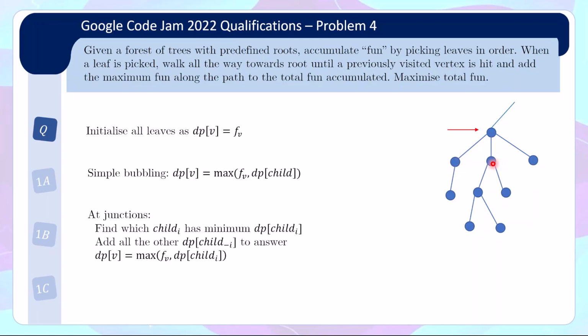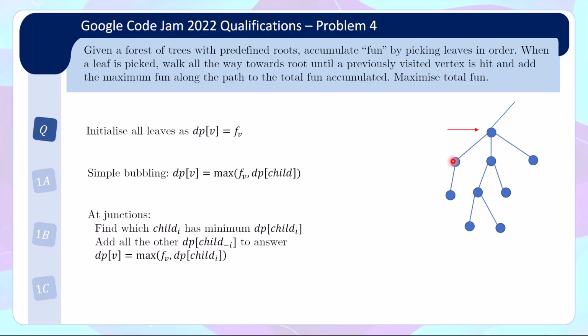Now, the other children, we will kill off, because we are only going to continue to bubble the noobest leaf up. The others reach the end of their game, because once we do the noobest leaf first, the rest of the children will be stuck here. That's the end. So we'll add the DP of the other children to the answer. That's the fun that they will contribute.